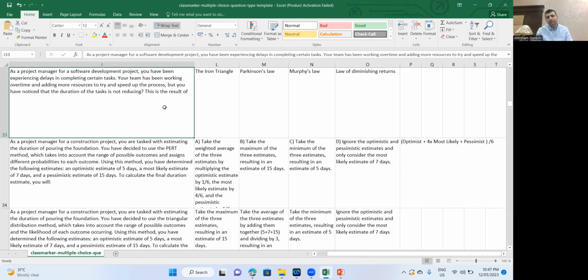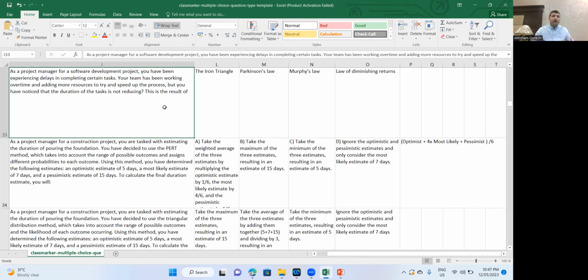Parkinson's law is only talking about the student syndrome. Like a student, if you have 1 week or 1 month, you will not study; you will study on the last day.